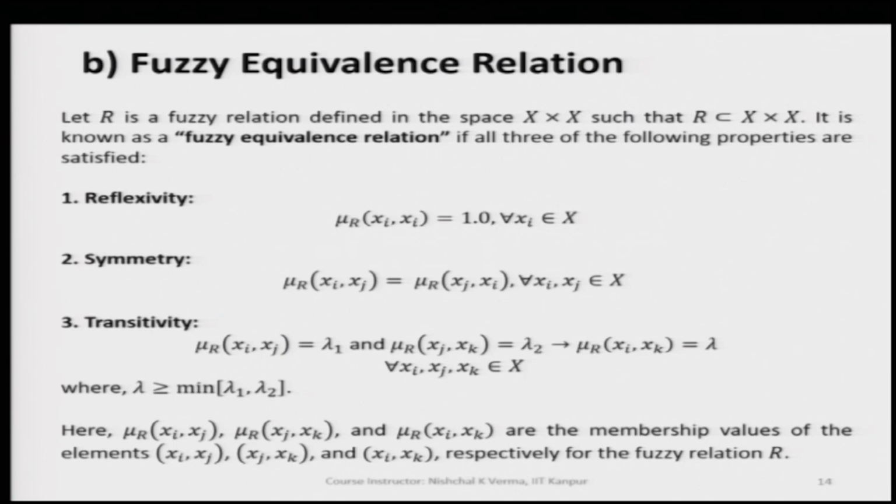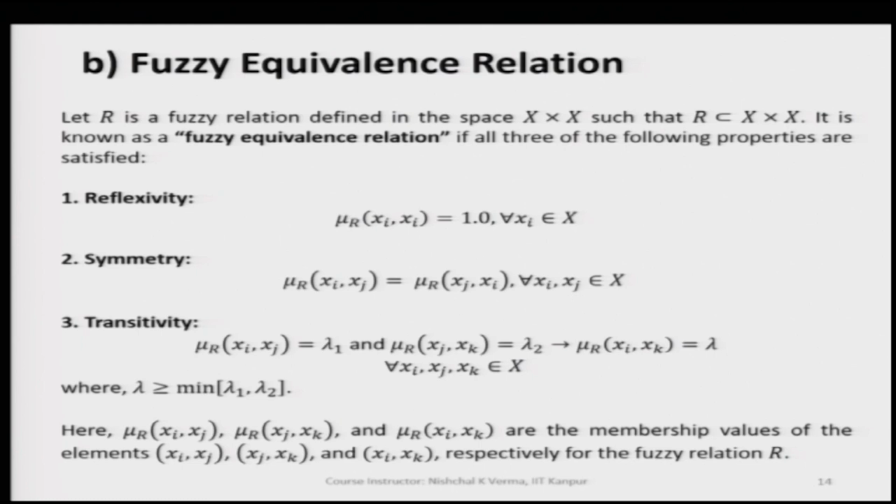So, like fuzzy tolerance relation, we have fuzzy equivalence relation. Here we have gone one step ahead. It is quite interesting to understand that any fuzzy equivalence relation is a fuzzy tolerance relation.